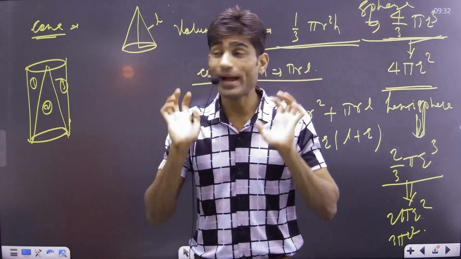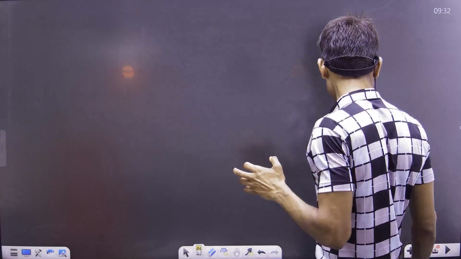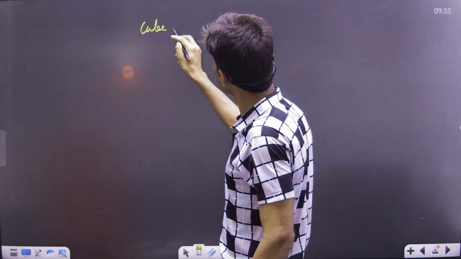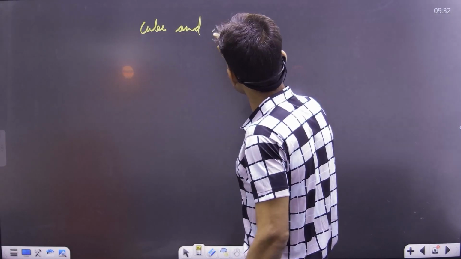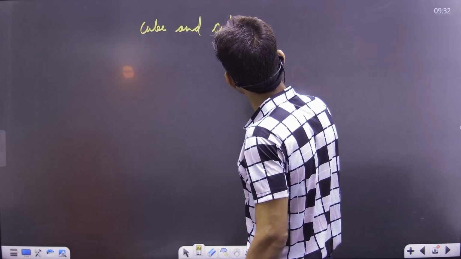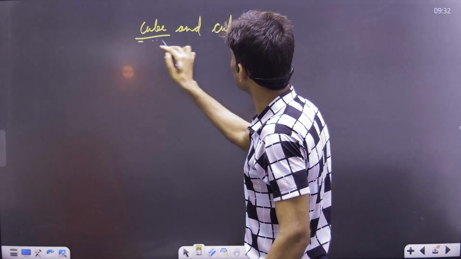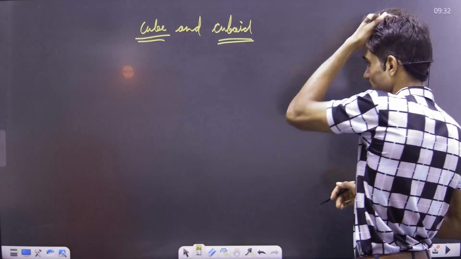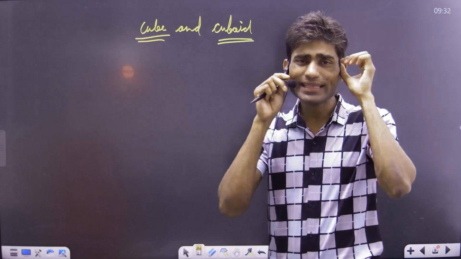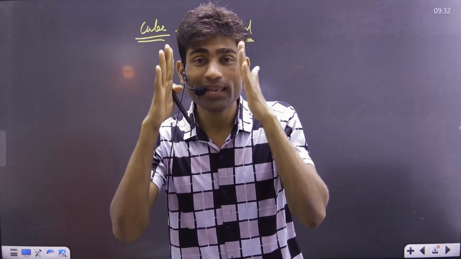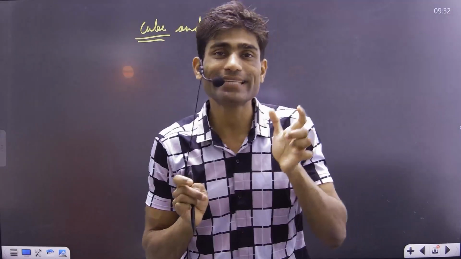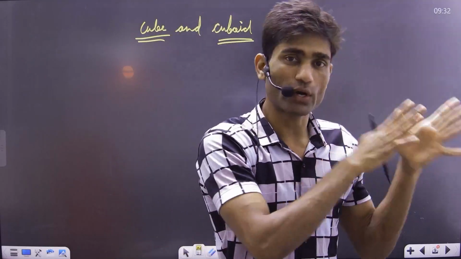Let me write cube and cuboid here. In the case of a cuboid, length is not equal to breadth, which is not equal to height.